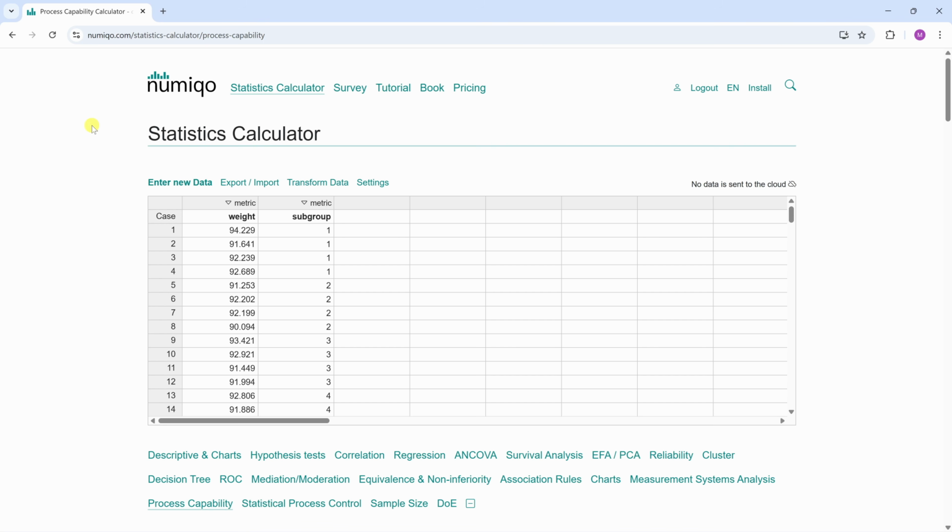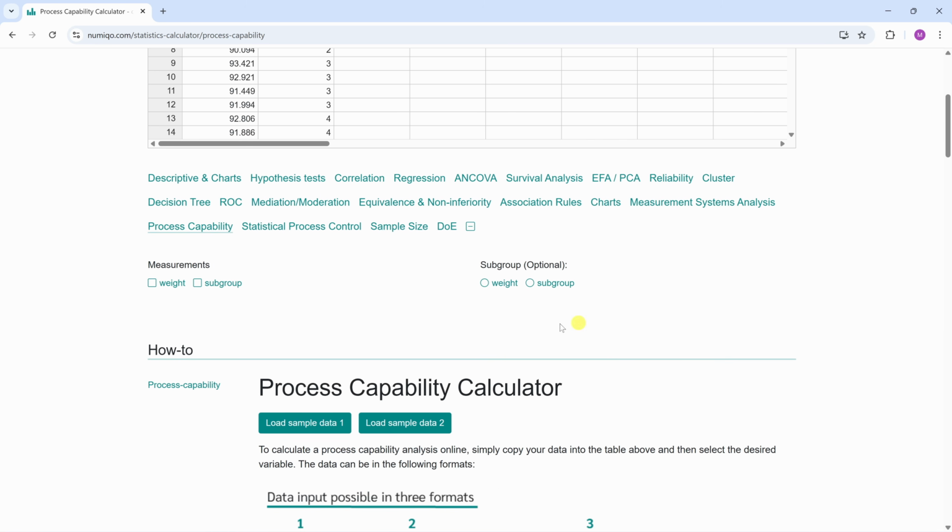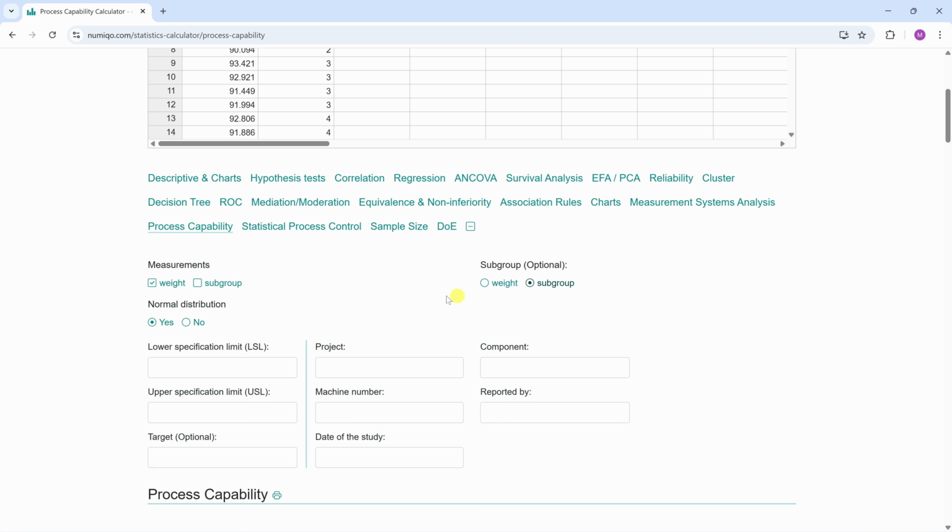Okay, but finally, let's calculate a process capability analysis online with Numico. If you like, you can load this example data with the link in the video description, or you can copy your own data into this table. Now we just click on Process Capability and then on Weight and on Subgroup.